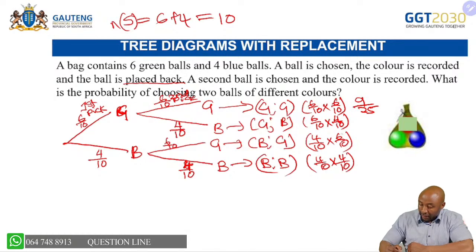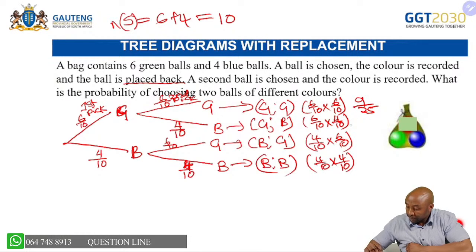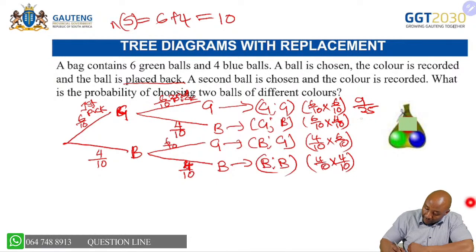That one we are having 4 and 6, that's 3 over 5, that's 2 over 5. When we multiply that, what do we get? 3 times 2 will give us 6. Let me quickly use my calculator. 6 over 10 times 4 over 10, and that gives us 6 over 25.